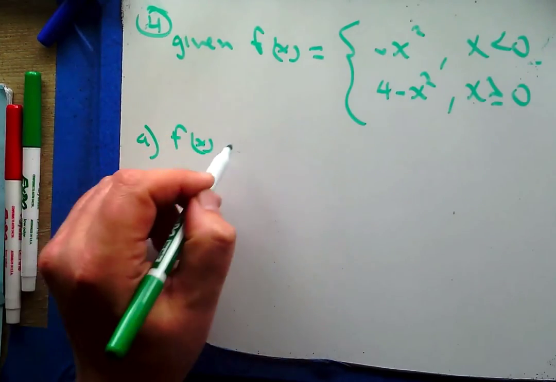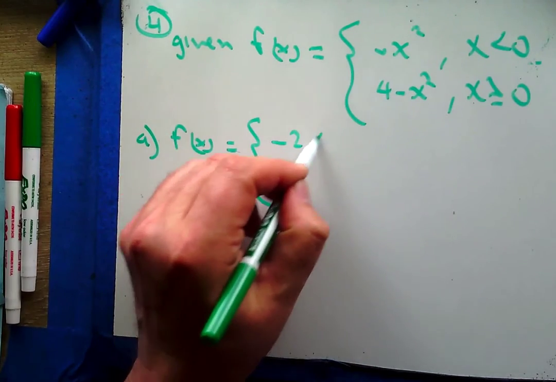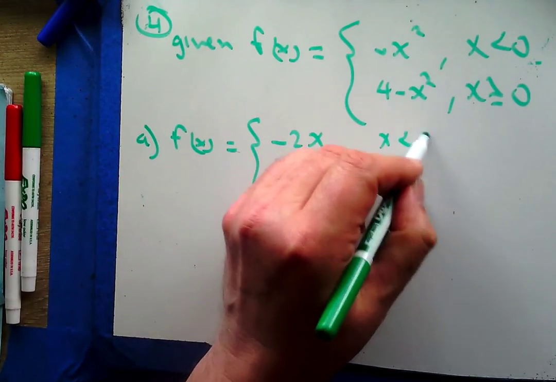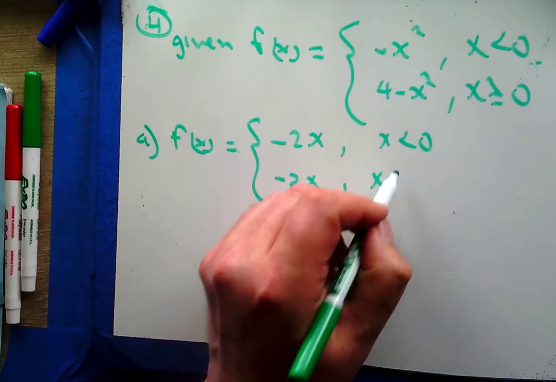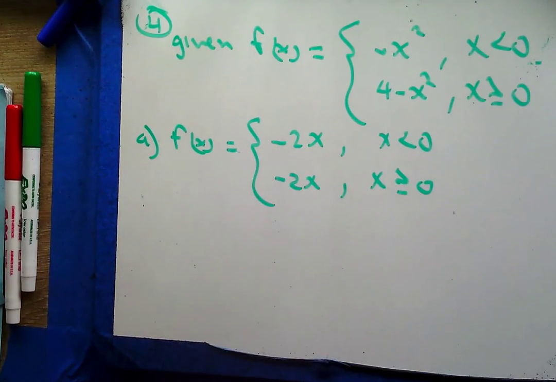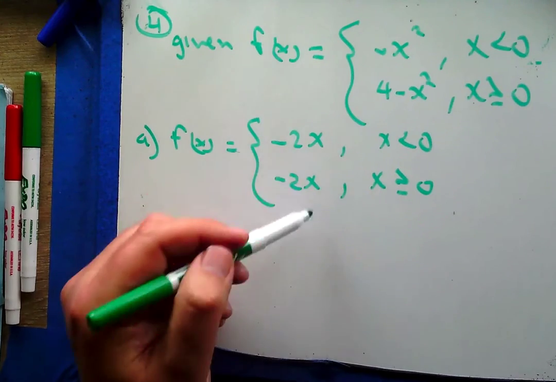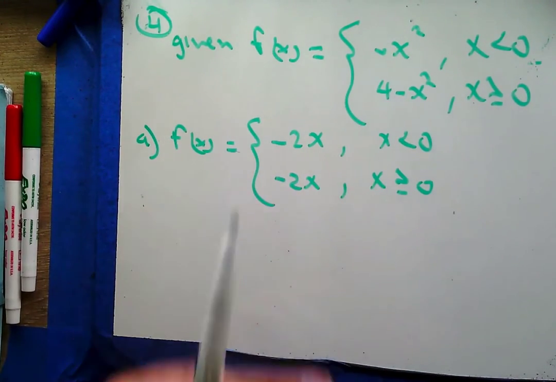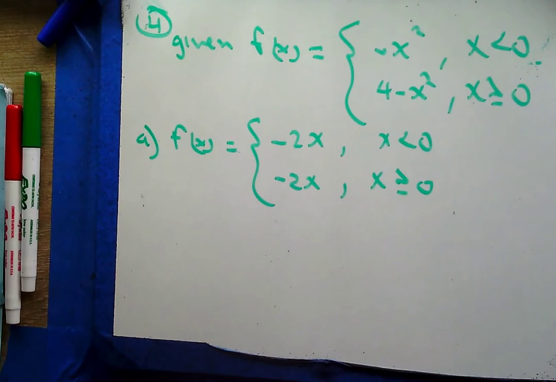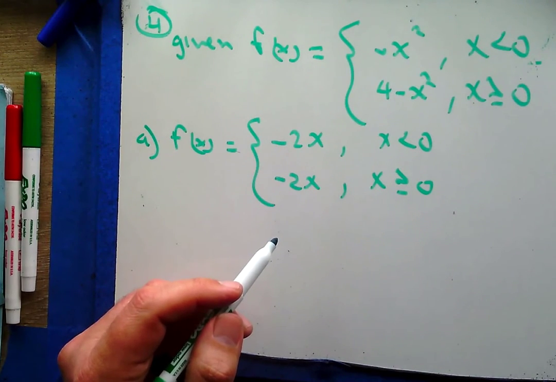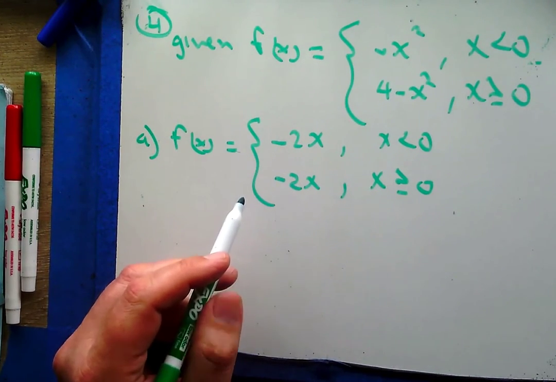So f prime is going to be -2x for x less than 0 and -2x for x greater than or equal to 0. Huh, isn't that interesting? The same function on either side. Well, that's very reasonable. All right, I wrote the equation for f prime.